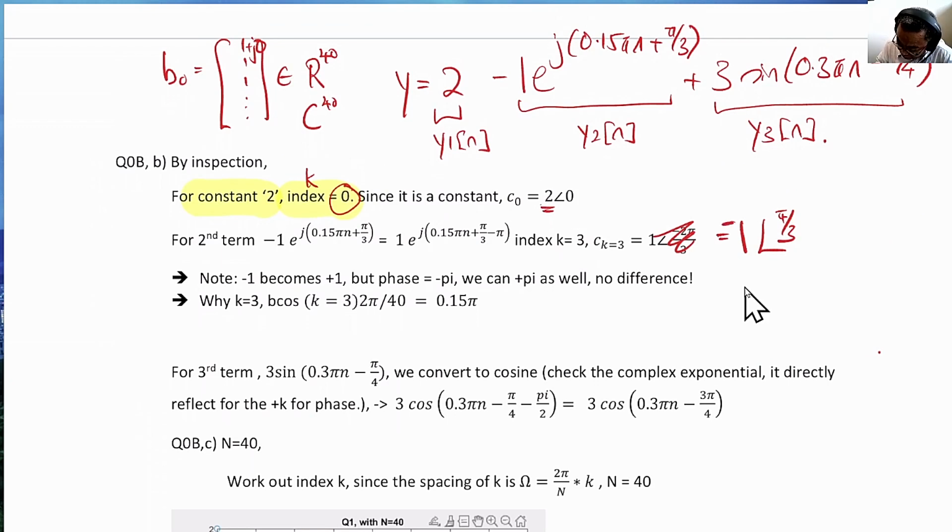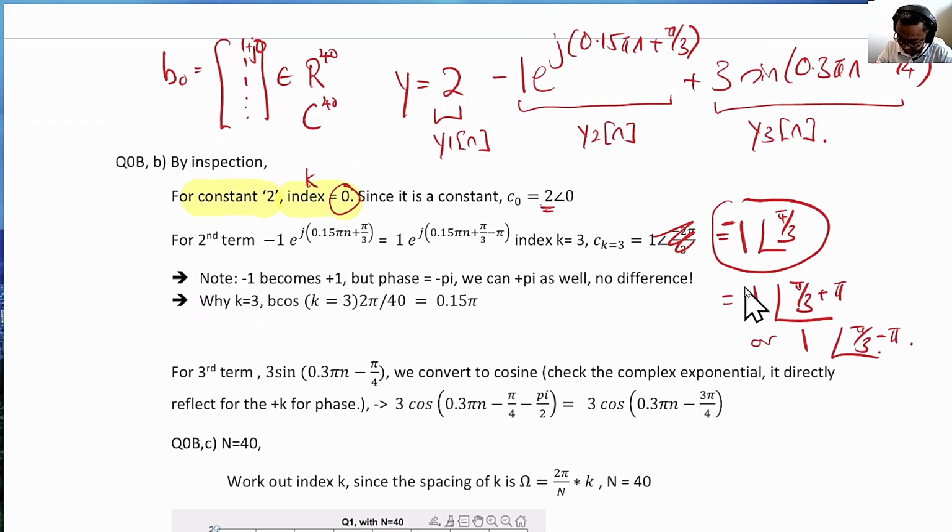This is minus 1 with pi over 3, which equals 1 with pi over 3 plus pi, or if you prefer, pi over 3 minus pi. So we convert this plus pi over 3 to minus pi, and therefore now we have minus 2 pi over 3.